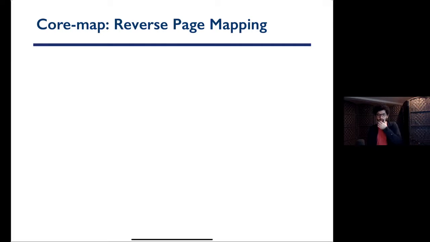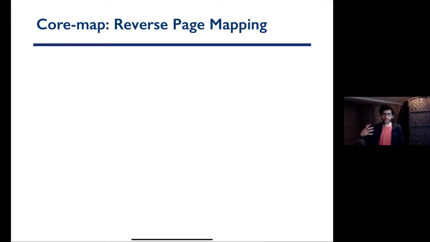The last topic I'm going to talk about to finish up our discussions on memory management is reverse page mapping. Now, the idea is, so far we have been talking about virtual page to physical page translation, and that was necessary for every access to memory.